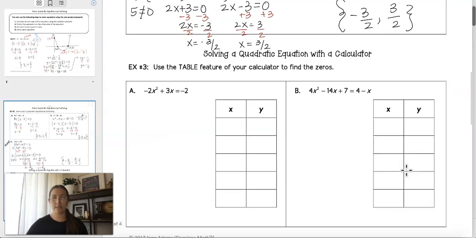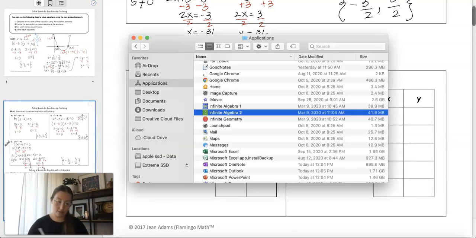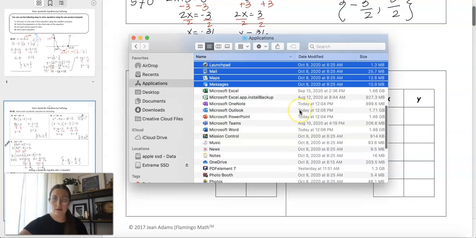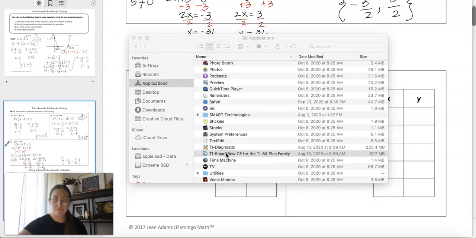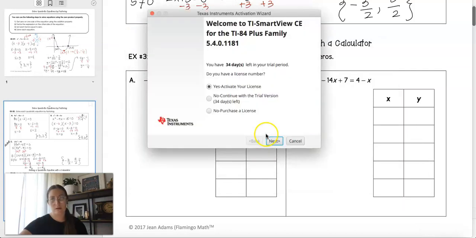Alright, so for this next question, we're going to go ahead and use our TI-84s. So I forgot that we were using that, so let me go ahead and pull up my TI-84.